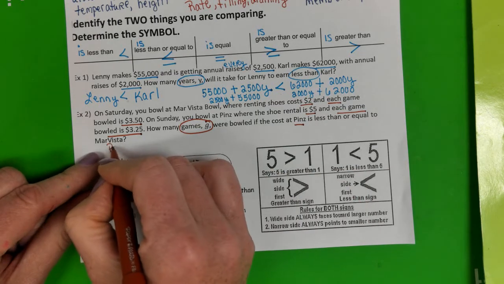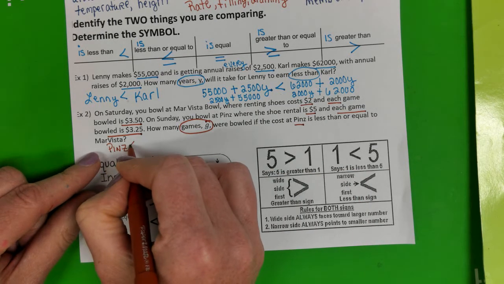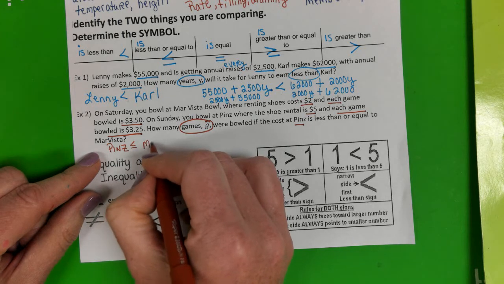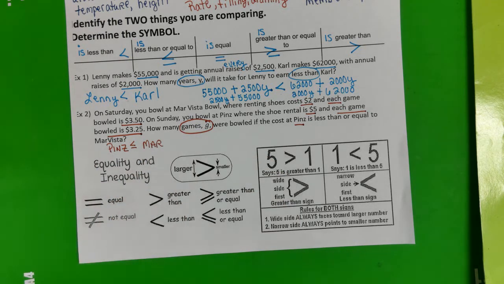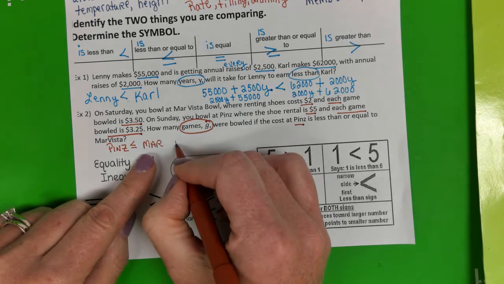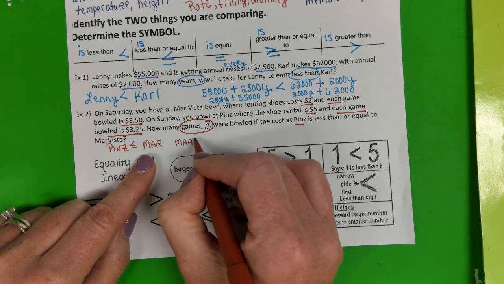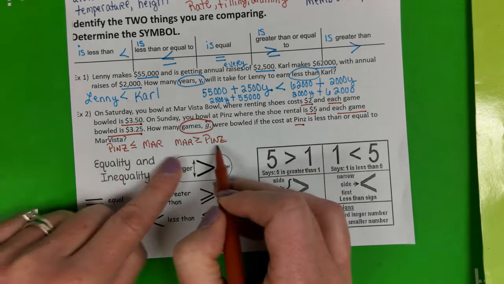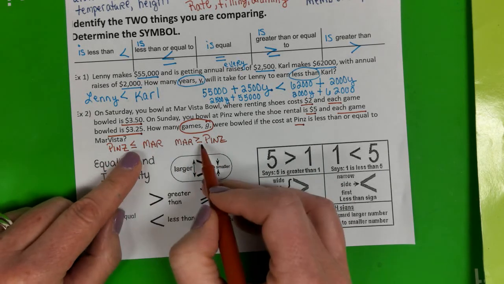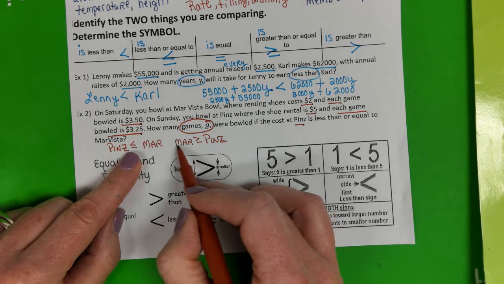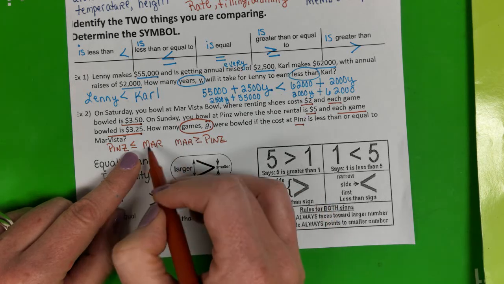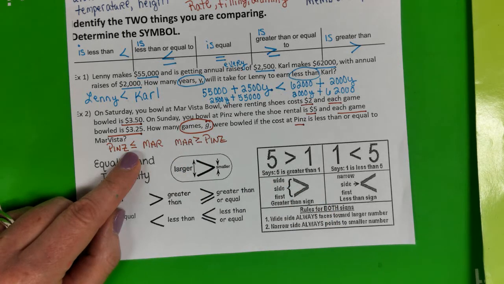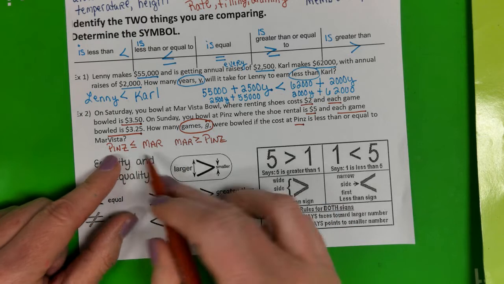So we want Penn's is less than or equal to Mar Vista. This could be written switched around, but notice when I switch it around, I also switch my inequality symbol so that it's still open to Mar Vista.